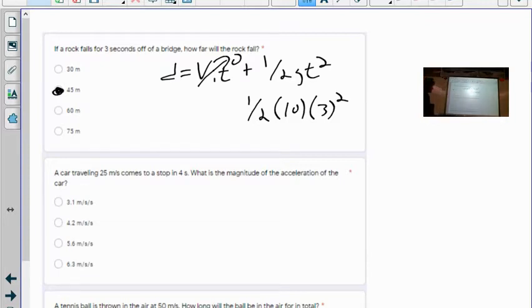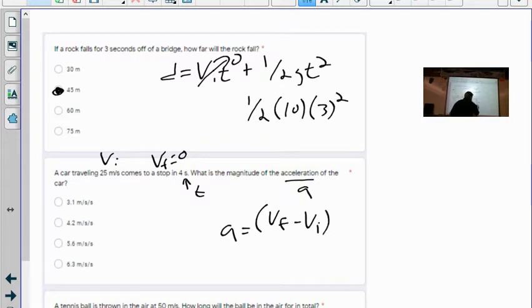A car traveling 25 meters per second, that's its initial velocity, comes to a stop, that's its final velocity, equal to 0, in 4 seconds, that's its time. What is the magnitude of its acceleration? Acceleration equals Vf minus V initial divided by time.